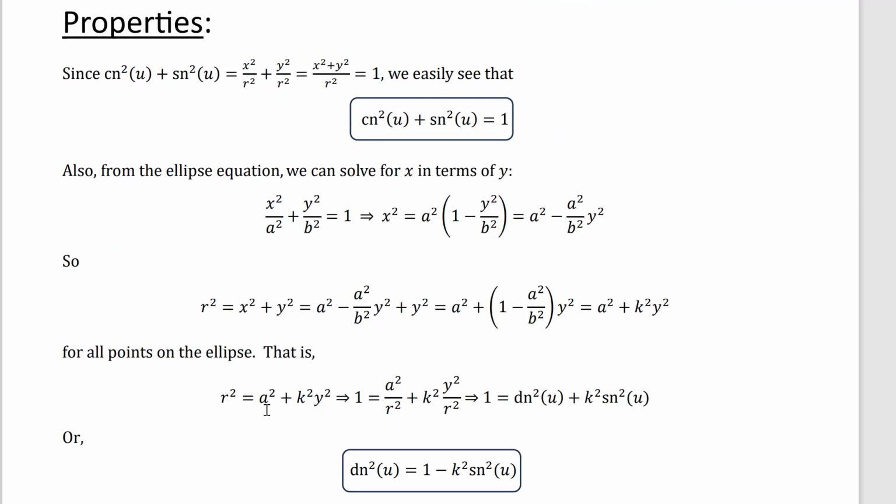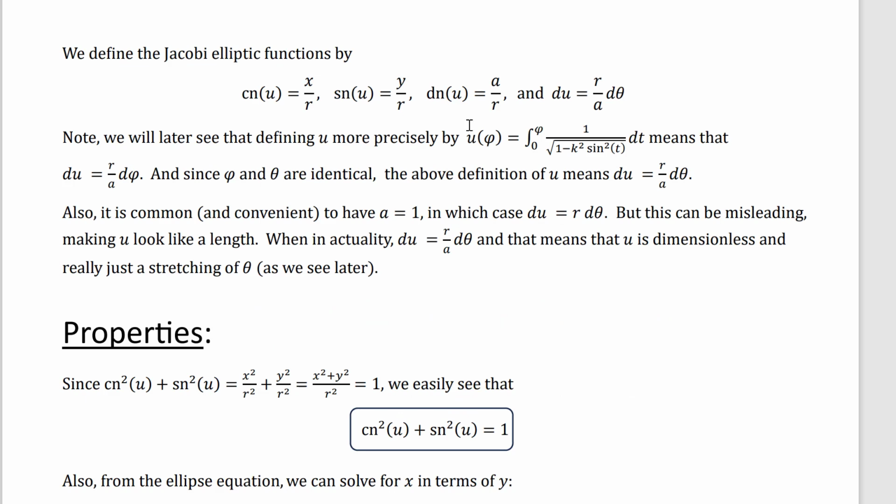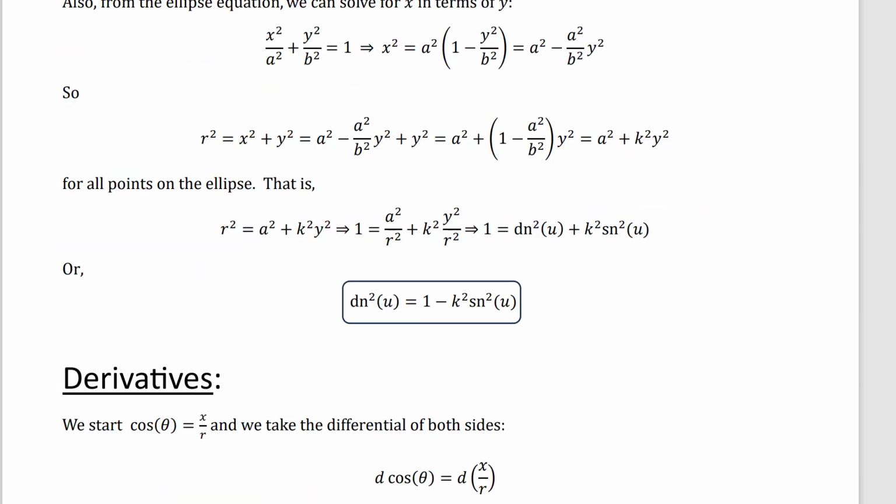So I have r squared is a squared plus k squared y squared. And now if I just divide through by r squared, then I'll get 1 on the left. I'll get a squared over r squared plus k squared y squared over r squared. But dn u is a over r, and sn u is y over r. As a reminder, there they are. So we get the same two major properties that we had before.